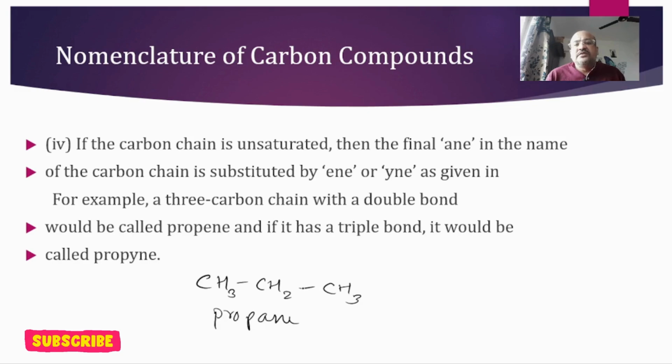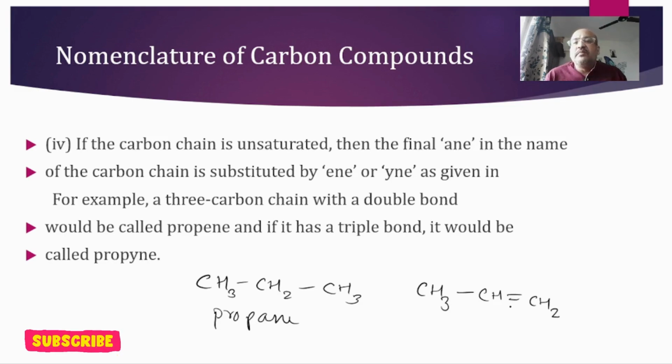Now suppose there is a double bond here. Here will be CH3, here CH, and here CH2. We need to check the tetravalency: 3 plus 1, 4 for this carbon, and 1, 2, 3, 4 for this carbon. So tetravalency is satisfied.